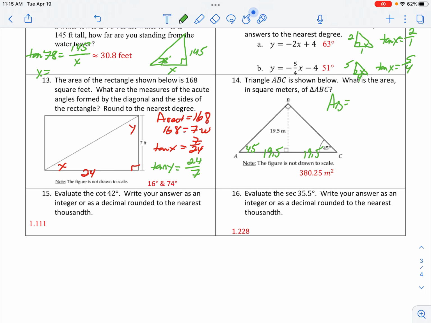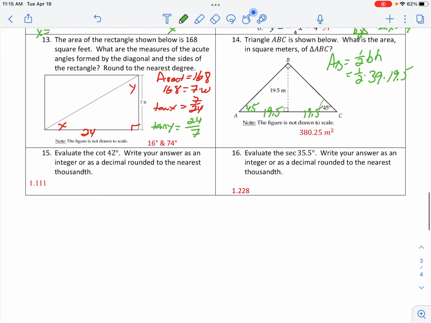Area of a triangle is 1/2 base times height. The base and height have to be perpendicular. I found the base to be 19.5 doubled times the height, which is perpendicular to that. So 0.5 times 39 times 19.5 does turn out to be 380.25 meters squared.